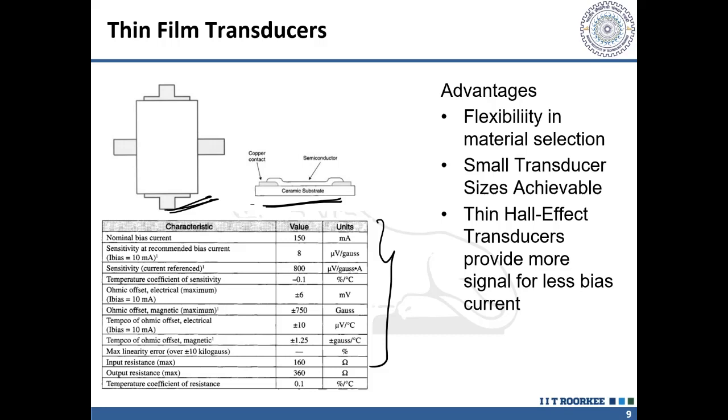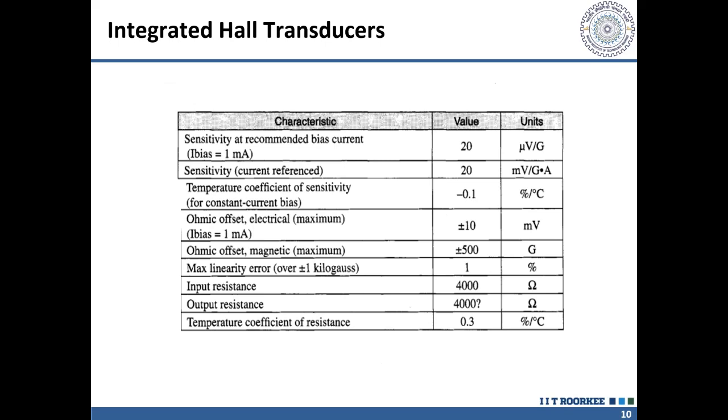Thin film transducers are of course small in size, and hence more versatile. I think they can be used in several components that were used in phones before. There is flexibility in material selection, and thin Hall effect transducers provide more signal for less bias current.